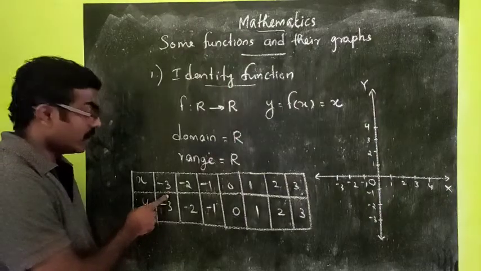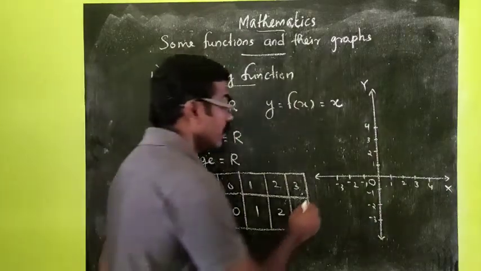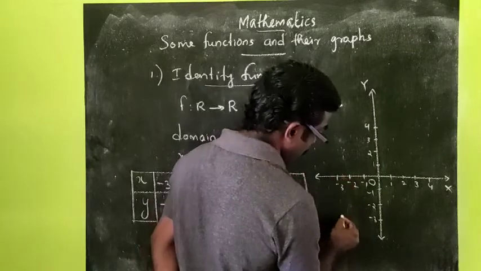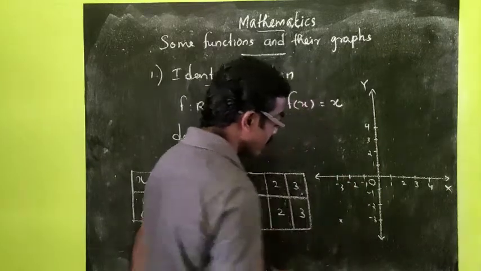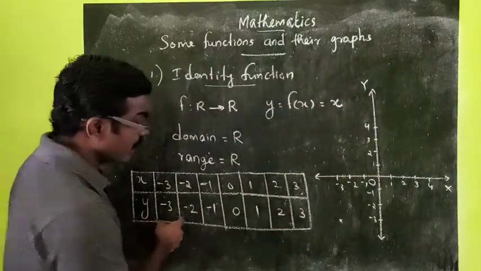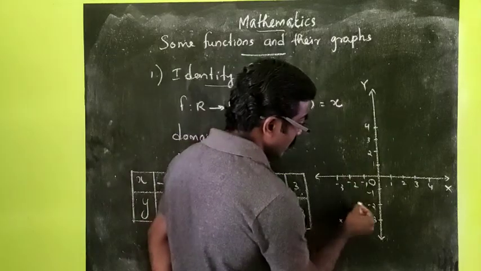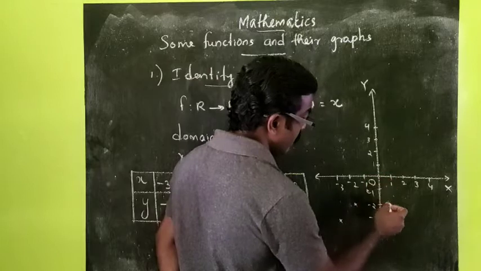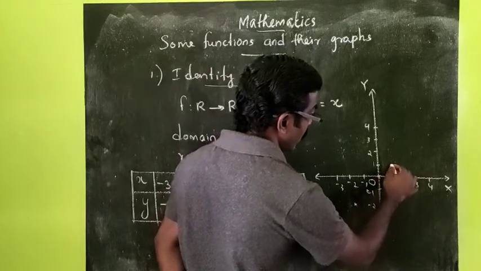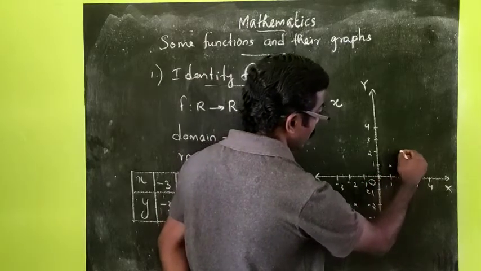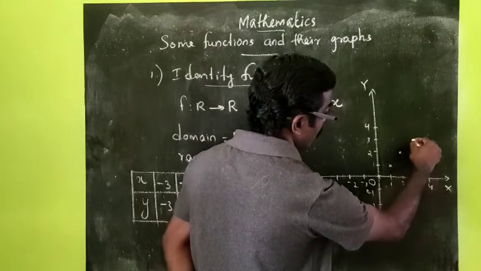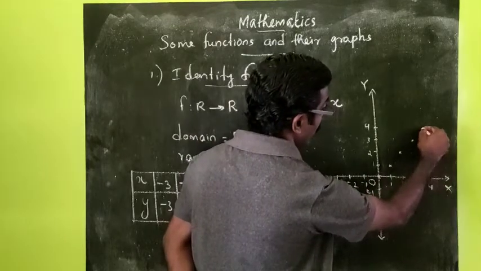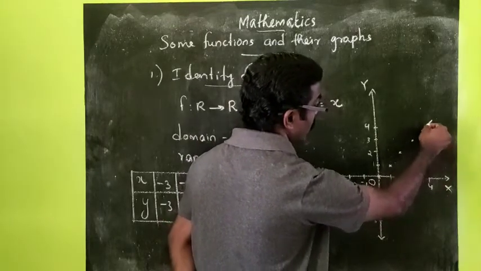Here the first point is -3, -3, that we can mark here, then -2, -2, -1, -1, 0, 0, 1, 1, 2, 2, 3, 3, 4, 4. And we can join these points.